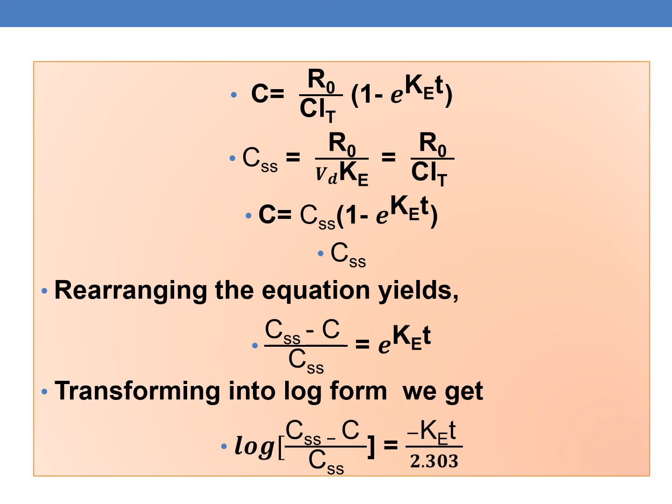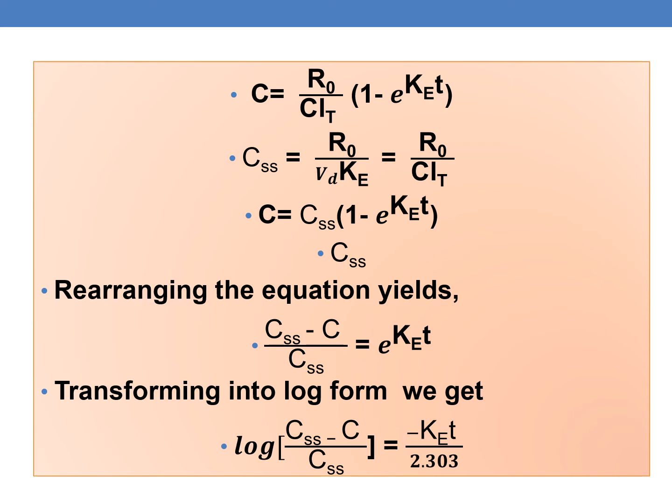By equating these two, we get C is equal to Css into 1 minus e to the power of minus Ket. Please remember that it is 1 minus e to the power of minus Ket.